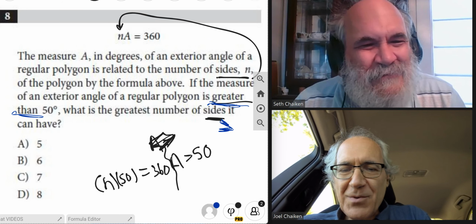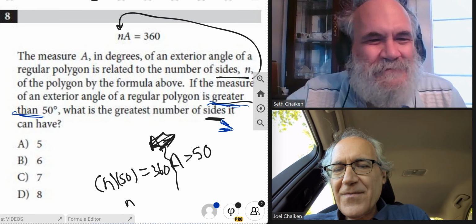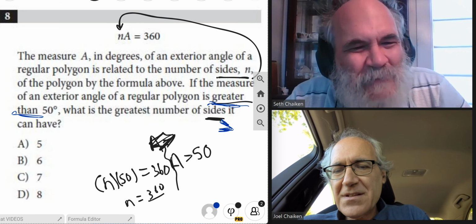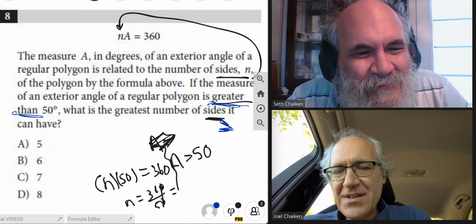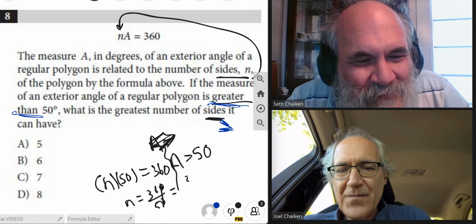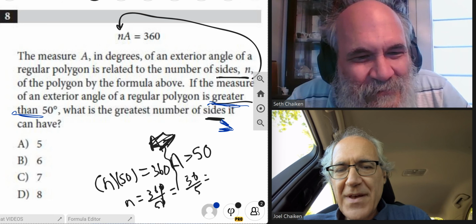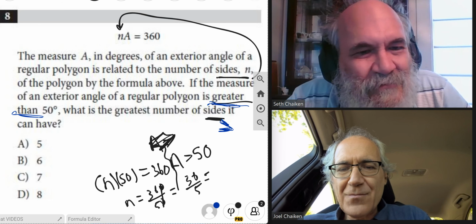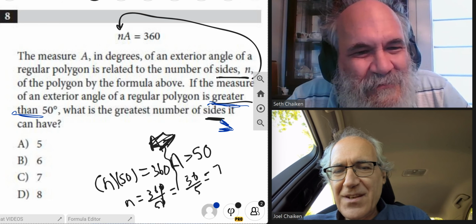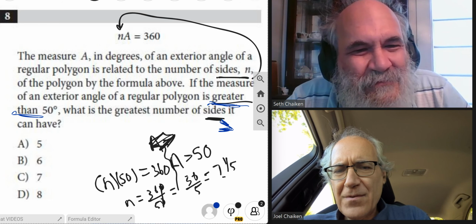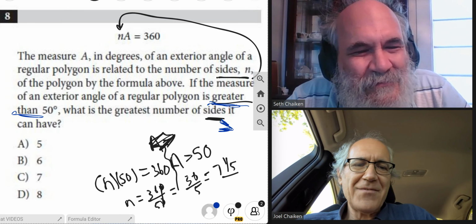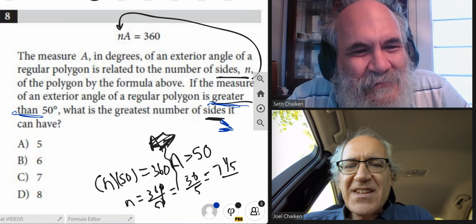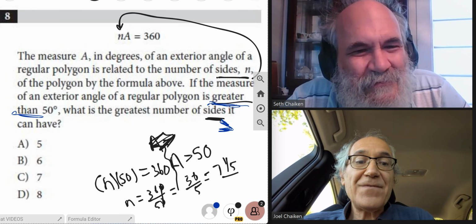So I'm doing the equality case. If n is equal to 360 divided by 50, which is 36 divided by 5, which is 7 and a fifth, right? 7 and a fifth sides, which is crazy. You can't have 7 and a fifth sides. Now, A has to be greater than 50.